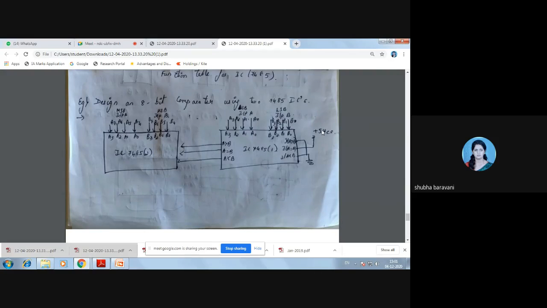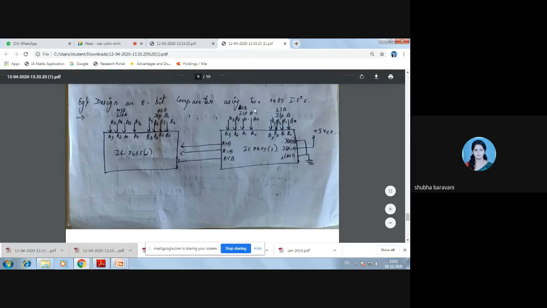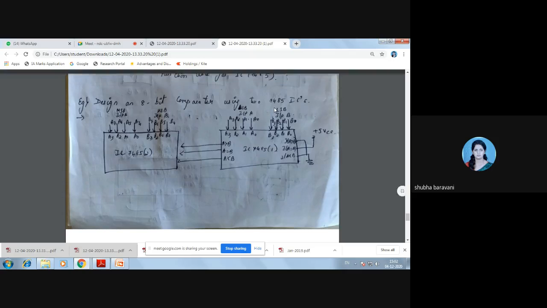Then the outputs A equal to B, A greater than B and A less than B of the first IC are given as inputs to the second IC. So this is an 8-bit comparator designed using two 7485 ICs. Up till here, is that okay? Yes, ma'am.